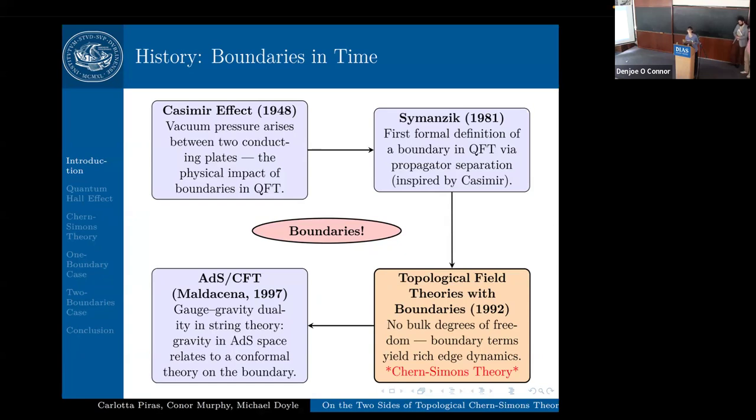In particular, after the discovery of the edge state in the fractional quantum Hall effect, it was shown that these edge states, represented by the so-called chiral Luttinger liquids, could be obtained as boundary modes for the Chern-Simons theory model.